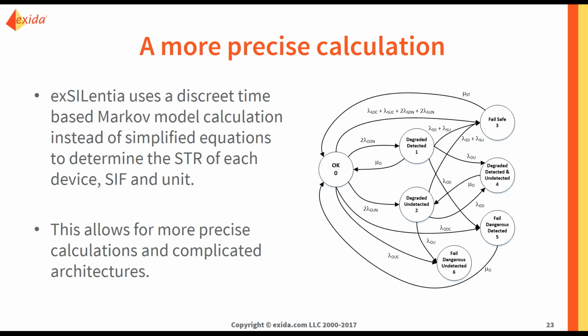And this helps to determine a very accurate STR value for the devices, the SIFs, and the units. So here's an example Markov model. Again, those simplified equations were derived from a Markov model, and so exSILentia is using that technique to make sure that you have precise calculations for any type of architecture.